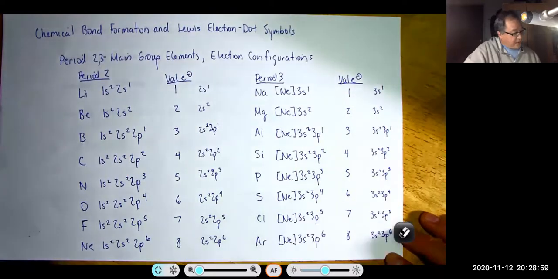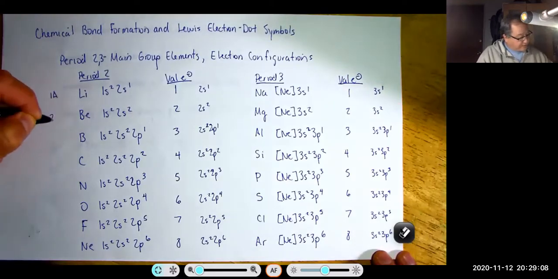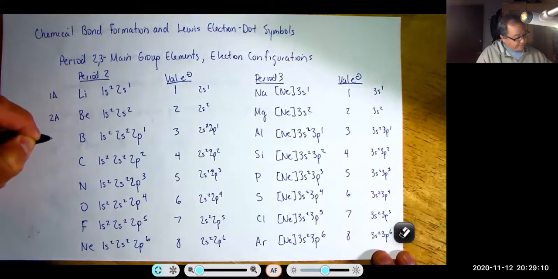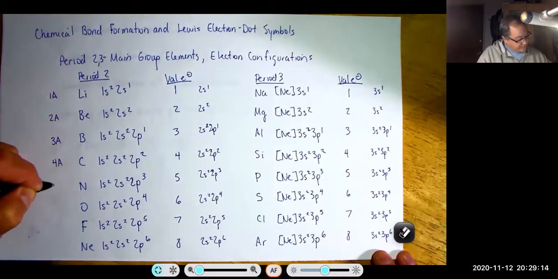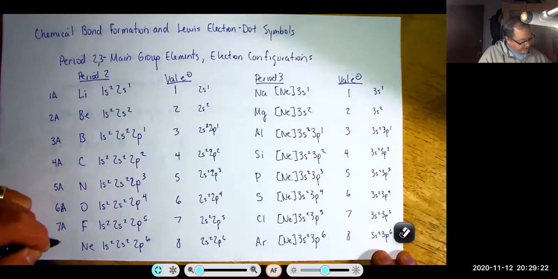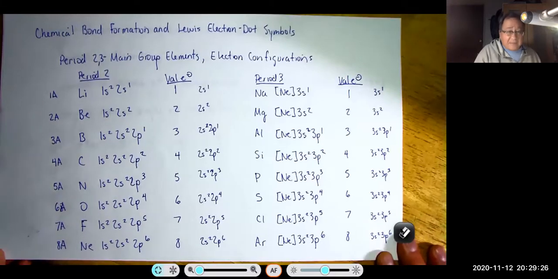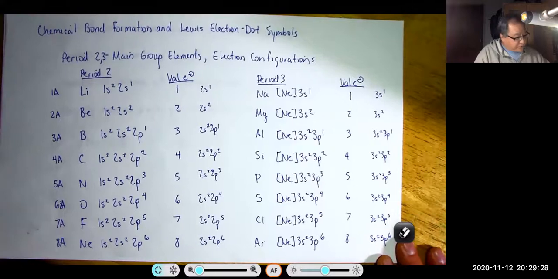If you look at what group these are in, lithium is in group 1A, beryllium is in 2A, boron is in 3A, carbon is in 4A, nitrogen in 5A, oxygen in 6A, then 7A, and then 8A. So if you want to know how many valence electrons are in the atom of an element, all you have to do is look at the group number.